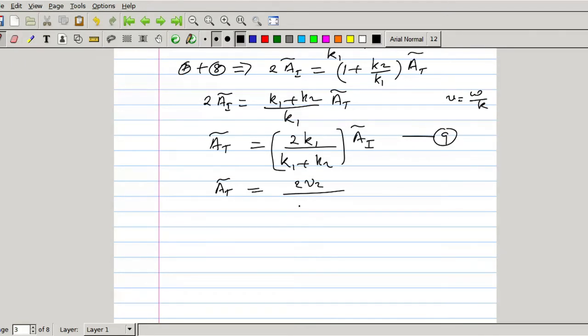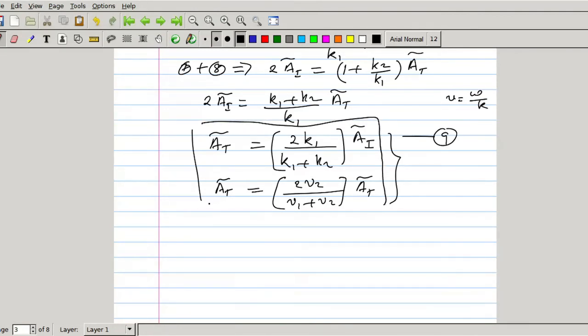So we will be having 2 V2 by V1 plus V2 into A incident. So this is the amplitude of transmitted wave in terms of the amplitude of incident wave. This is AI, amplitude of incident wave.